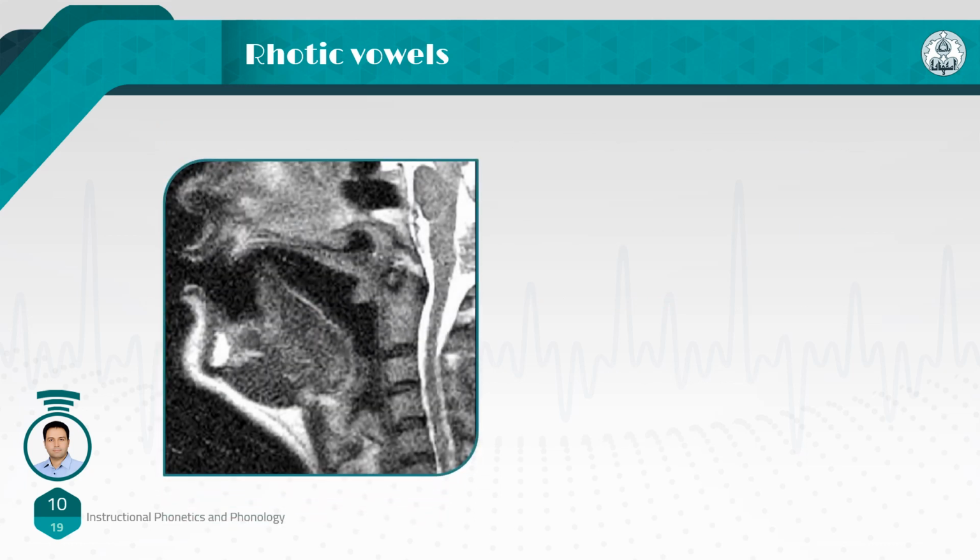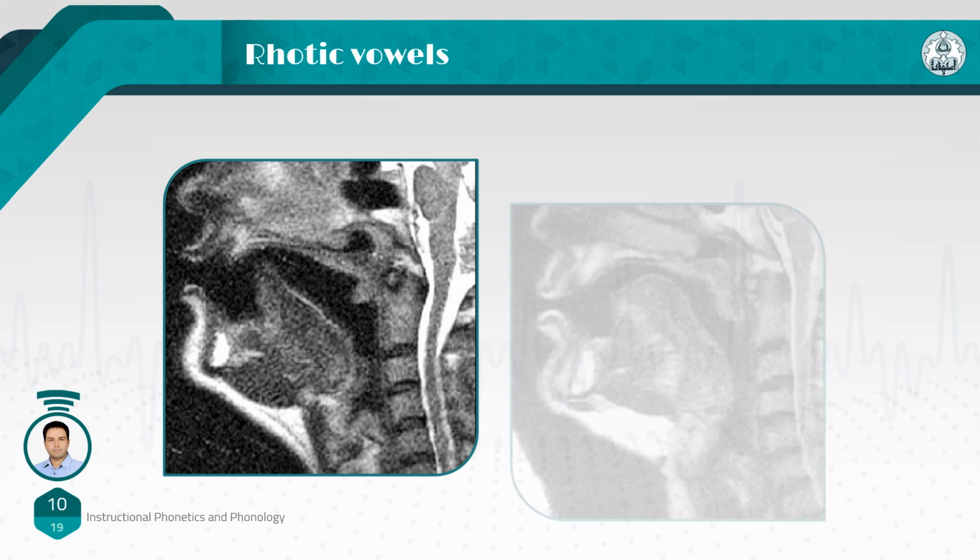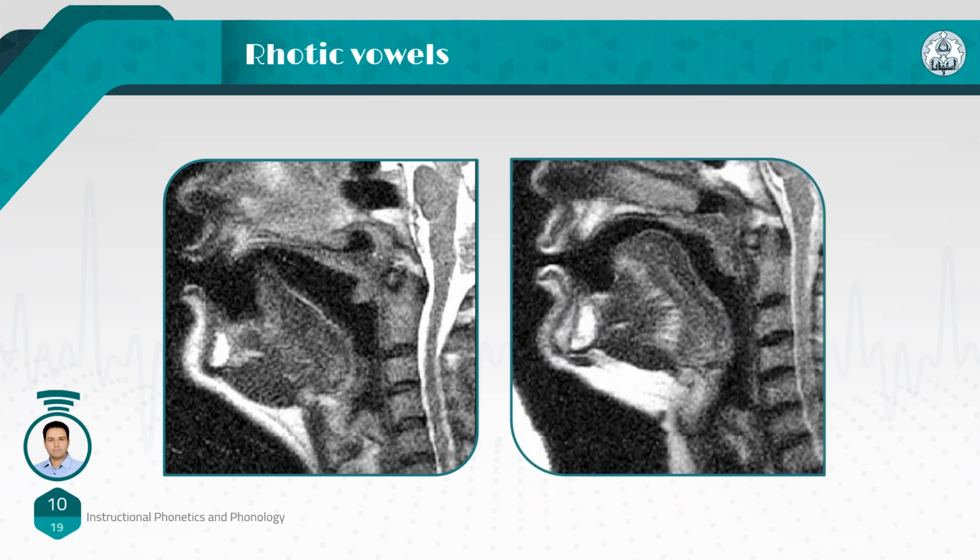Here you can see the X-rays of the pronunciation of this vowel. In fact, some speakers have the tip of the tongue raised as in a retroflex consonant. The speaker shown in the figure on the left side has this type of tongue configuration.